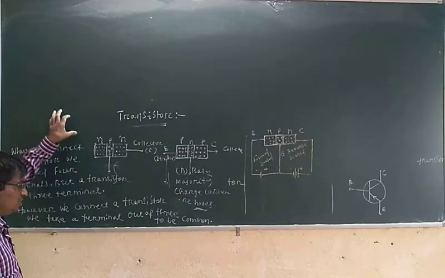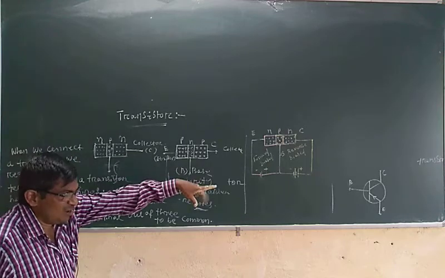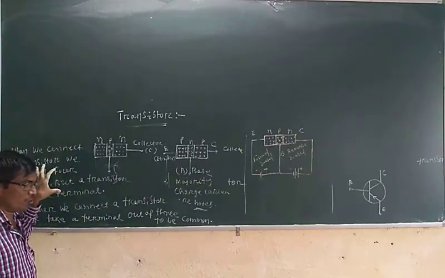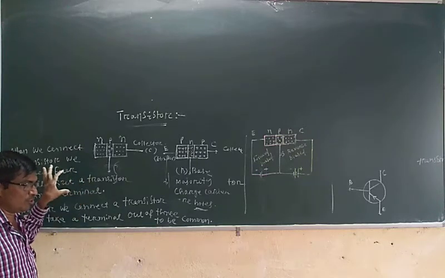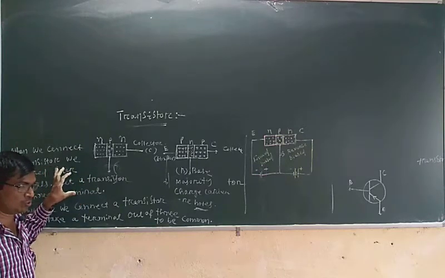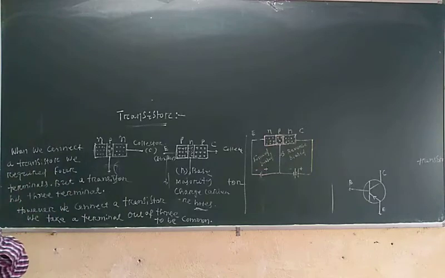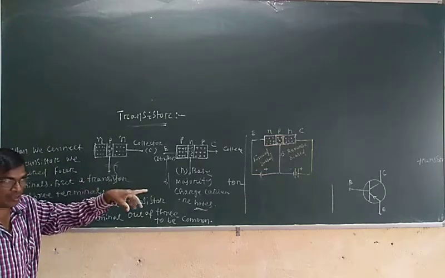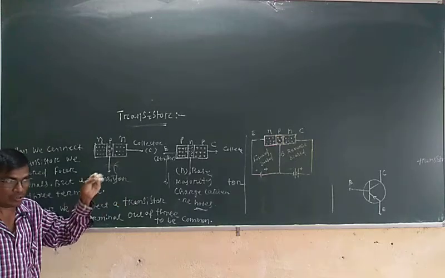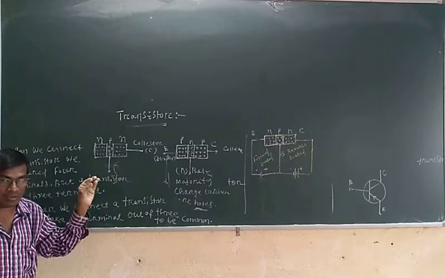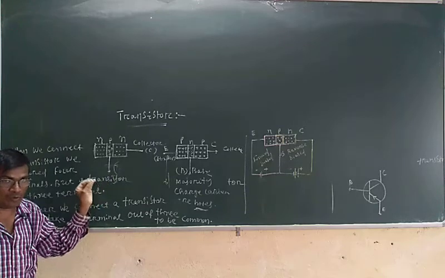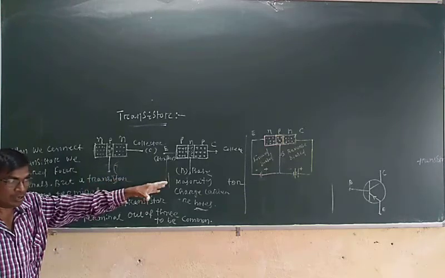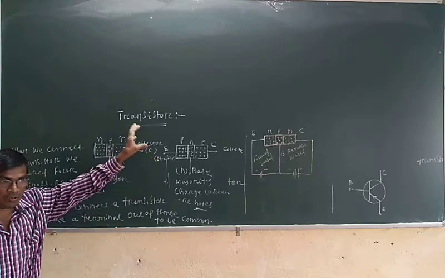A transistor has three terminals, and to connect it for both input and output we require four terminals, but a terminal must be common for both input and output. This connection will be discussed in your next class.